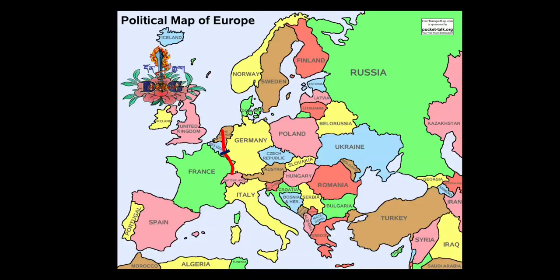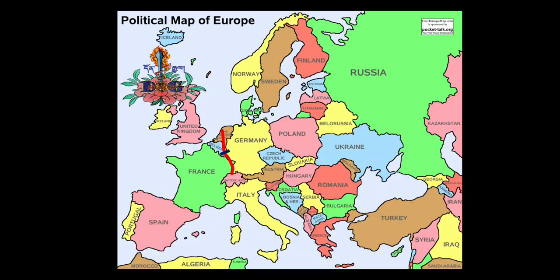Here I have made the political map of Europe. In the political map of Europe I have made a red line. In that particular red line I have marked one dark blue color one. That particular dark blue color indicates Cologne. Cologne is a city in Germany. Ocean going vessels can only move up to Cologne.